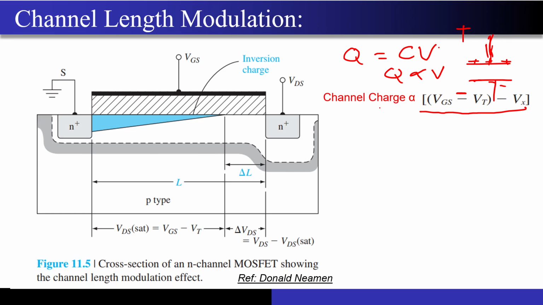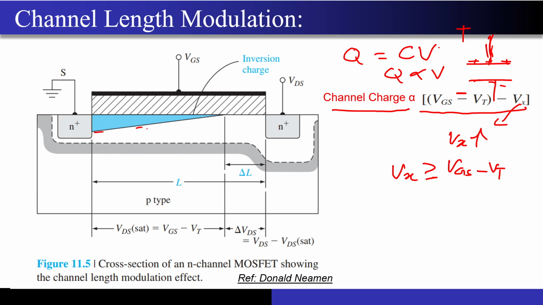That's why this channel charge is proportional to Vgs minus Vt minus Vx. And I told you, if you keep increasing Vx beyond Vgs minus Vt, that is, if Vx becomes greater than or equal to Vgs minus Vth, then your channel charge reduces to 0.